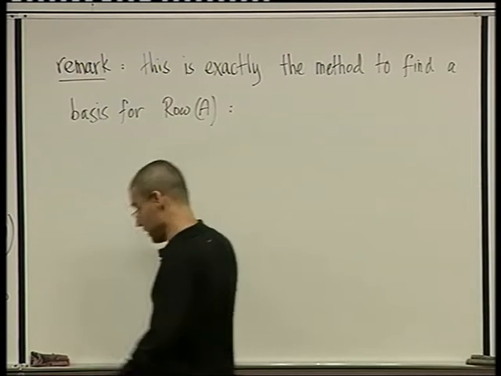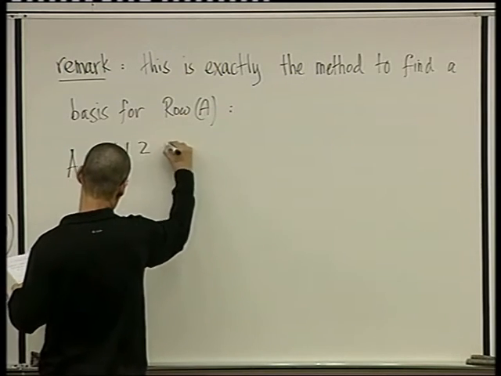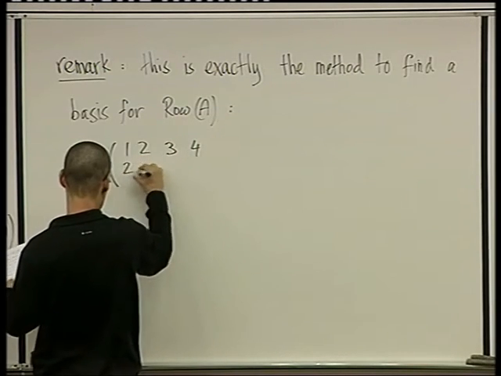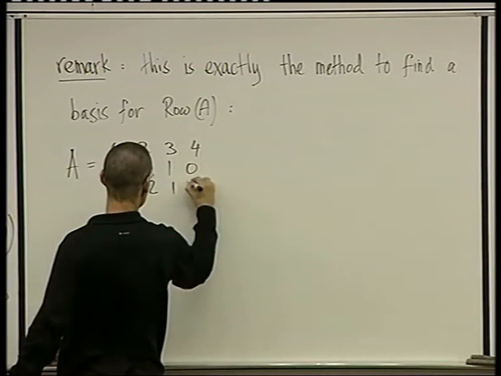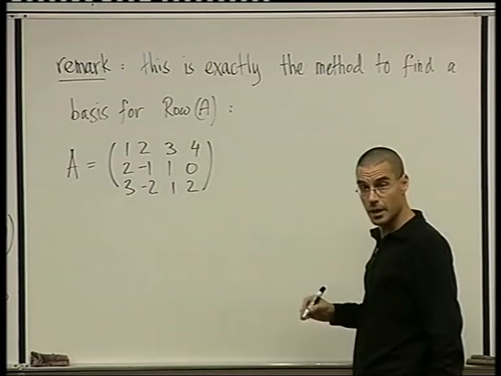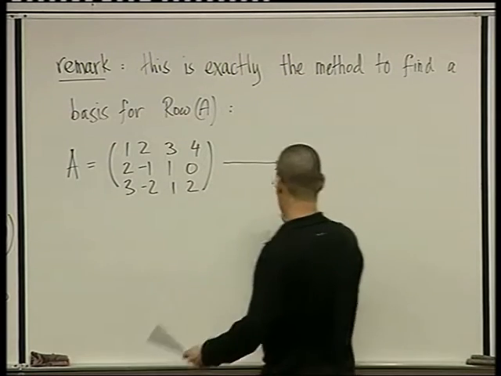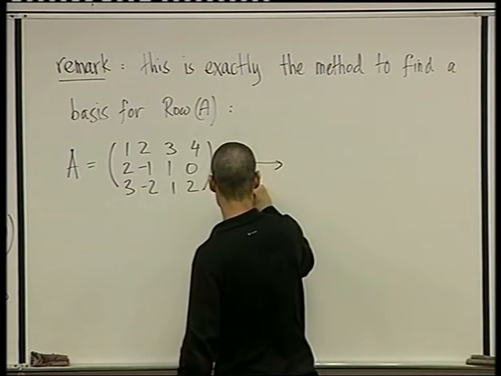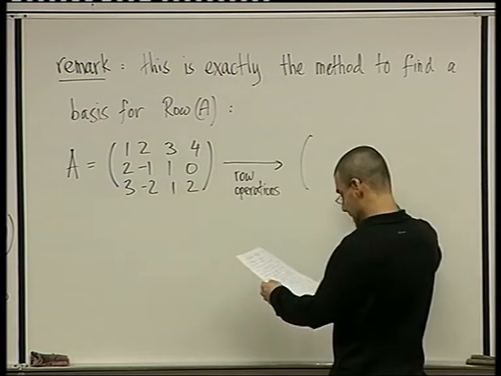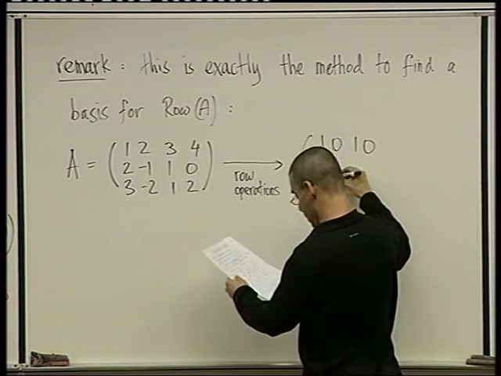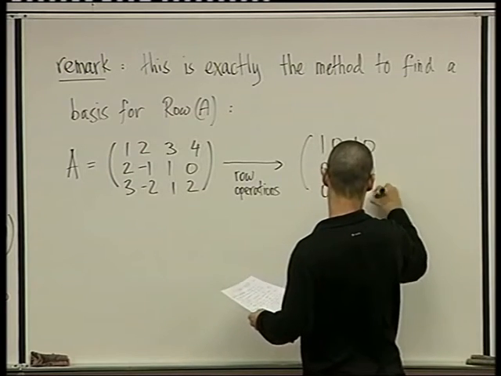Okay, so for example, if A equals our favorite matrix 1, 2, 3, 4, 2, negative 1, 1, 0, 3, negative 2, 1, 2, we've seen several times that by elementary row operations, what we get is 1, 0, 1, 0, 0, 1, 1, 0, and 0, 0, 0, 1.